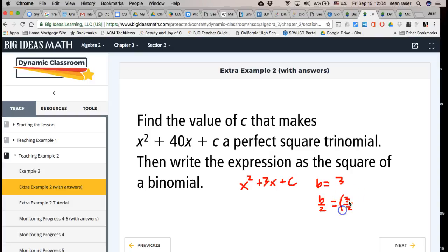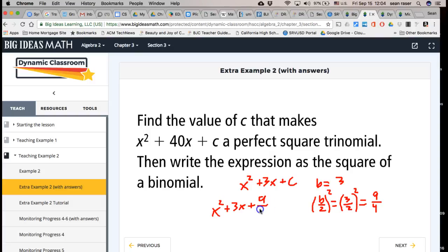To square that, we square both the numerator and denominator, so b over 2 squared would be 9 over 4. So our perfect square trinomial would be x squared plus 3x plus 9 over 4.